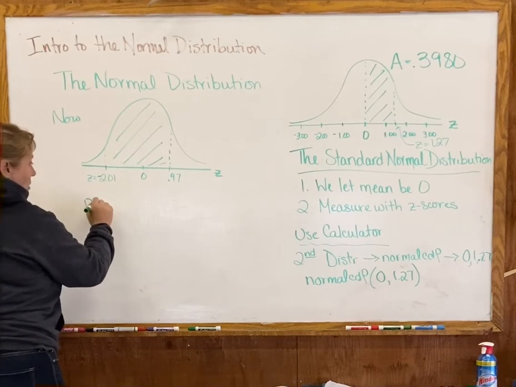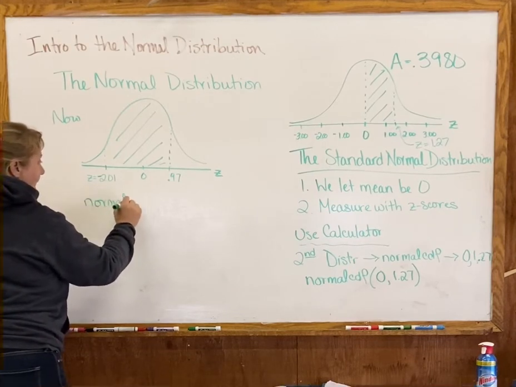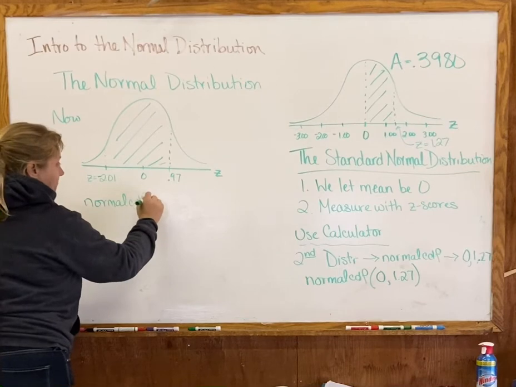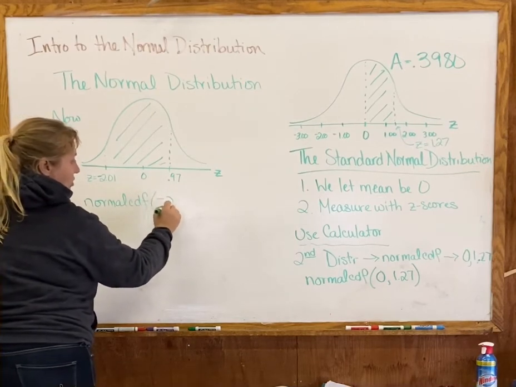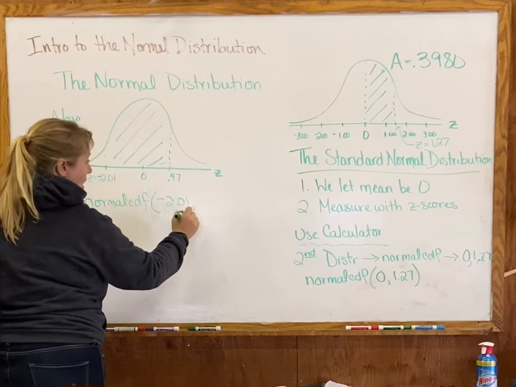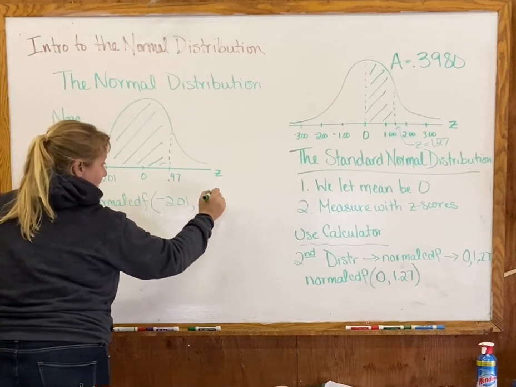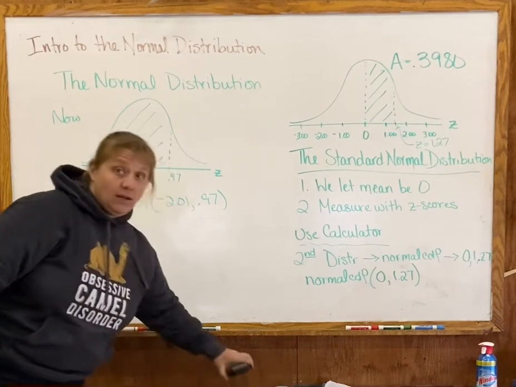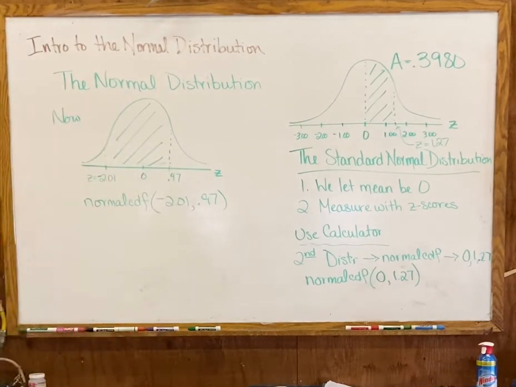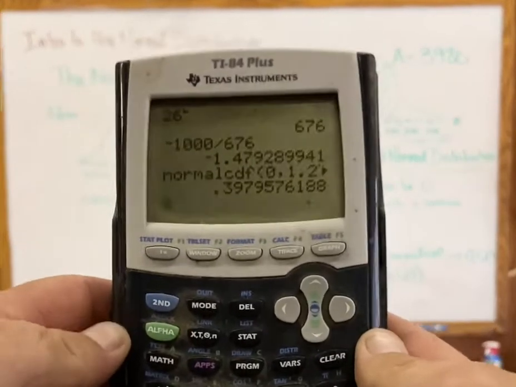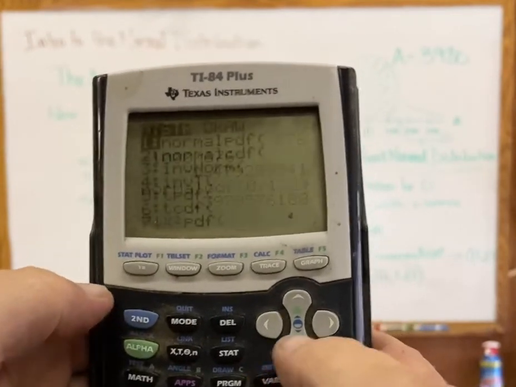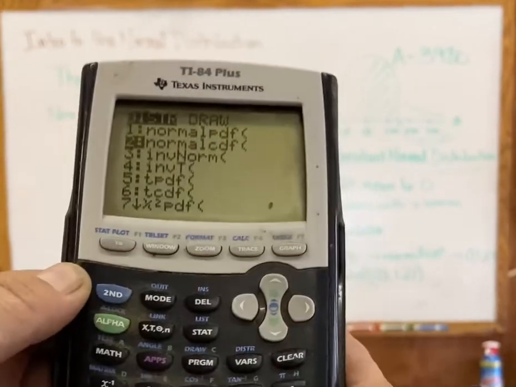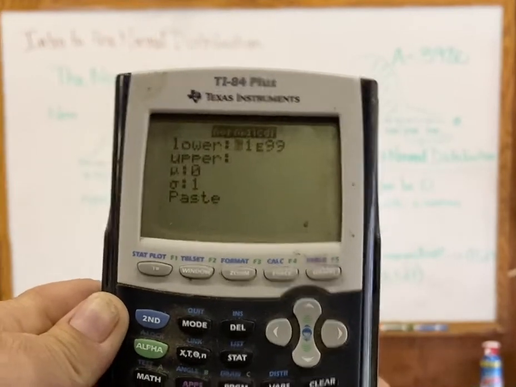So you're going to go to your normal CDF and you're going to put negative 2.01, comma, 0.97 and close the parenthesis. Or if you've got the other calculator, you're going to use that as the upper and lower limits. So if you've got this calculator, second distribution, normal CDF, hit enter.